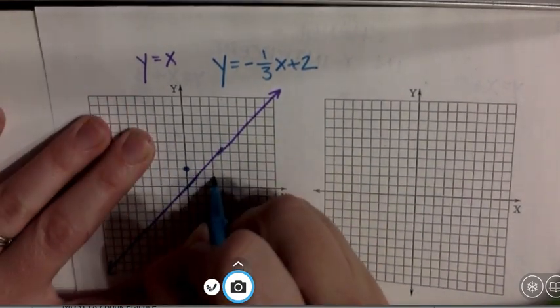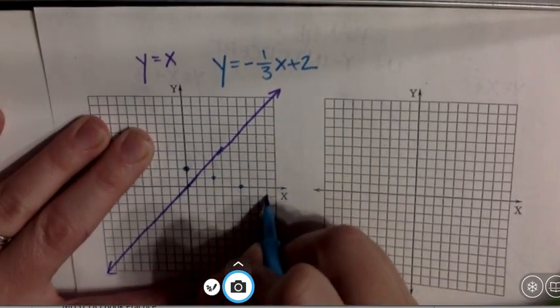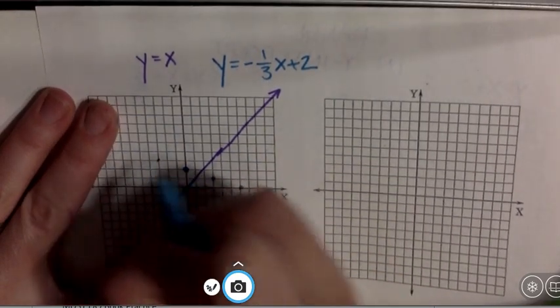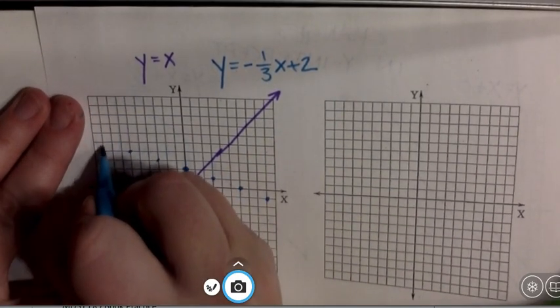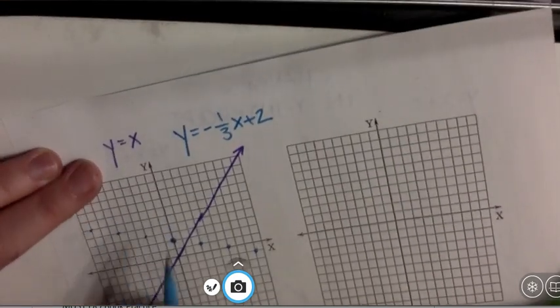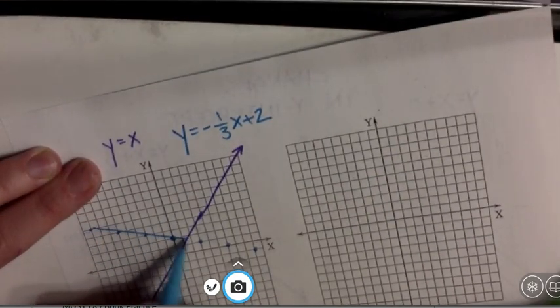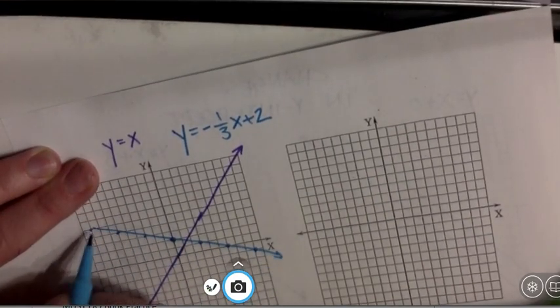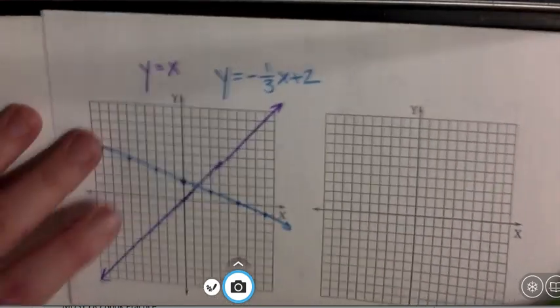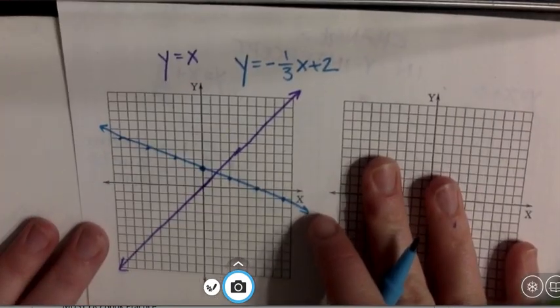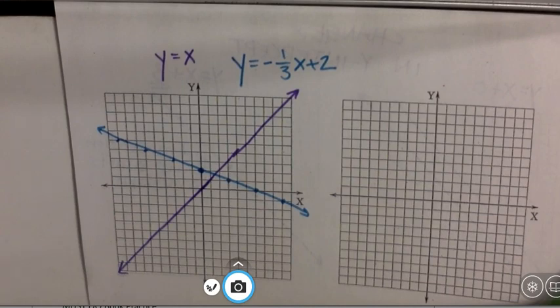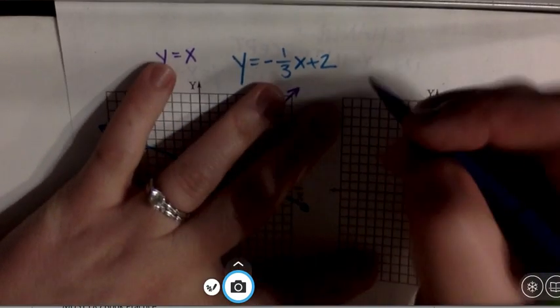We're going down 1 to the right 3, down 1 to the right 3, up 1 to the left 3. And so we have this. Let me see if I can draw this without shifting my paper too terribly much, which I know I already did. Now we have this equation, and we need to describe how it's changed in 3 different ways.